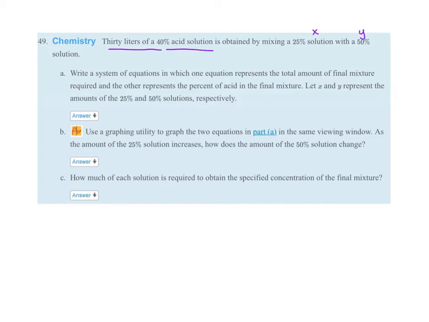So we know that we have some amount of the 25% solution, some amount of the 50% solution for a total of 30 liters, right? So what we can write as one equation is x plus y equals 30 liters. Okay, so many liters of the x solution, so many liters of the y solution.